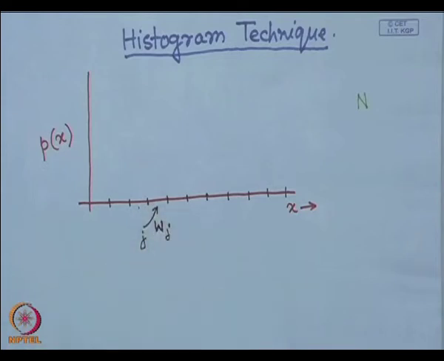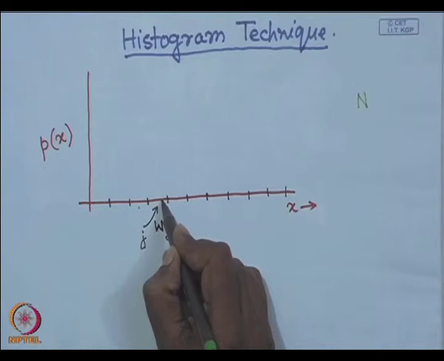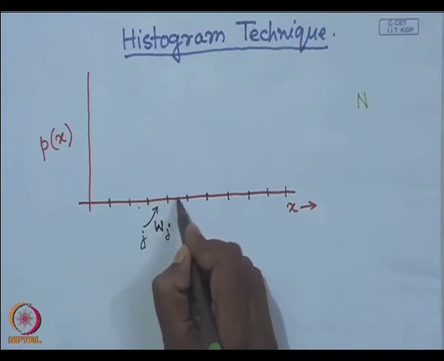In such situations, obviously there is an ambiguity whether that sample should be considered to belong to the jth interval or to the j minus first interval. Similarly, if the sample falls on the boundary between the jth interval and the j plus first interval, there is an ambiguity whether the sample should belong to the jth interval or the j plus first interval.